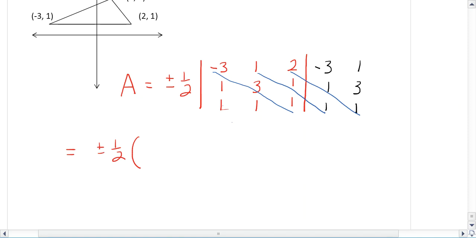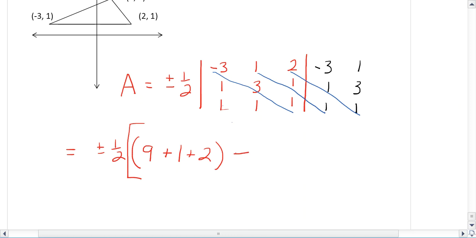So -3 times +3 times 1 is 9. 1 times 1 times 1 is 1. 2 times 1 times 1 is 2. So there we have the product, all the major diagonal products added together.